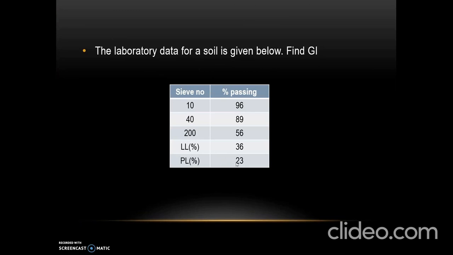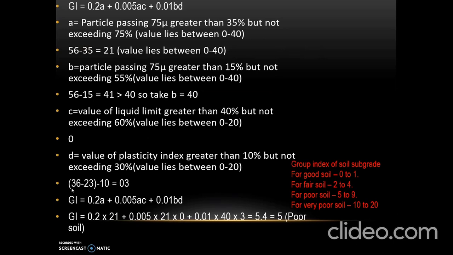We can find IP using formula liquid limit minus plastic limit. Liquid limit is 36 and plastic limit is 23. So IP is equal to 36 minus 23. So that is what is written here. IP value is liquid limit minus plastic limit. So IP minus 10 will give us the value of D as 3.